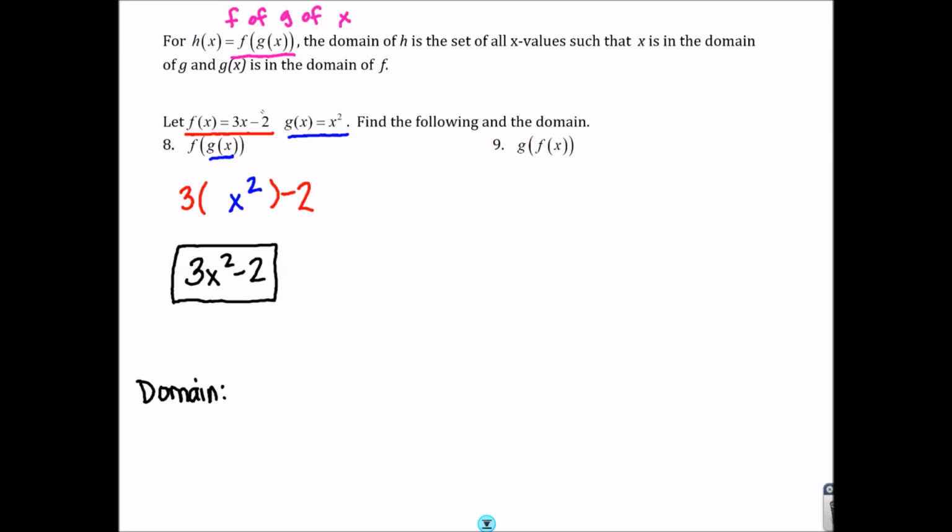So since we don't have any domain restrictions on either f of x or g of x, our domain of the composition, f of g of x, is going to be all real numbers. So you can write it in interval notation as negative infinity to infinity, or you can write it in set notation. It's the set of all x's such that x is an element of the real numbers.